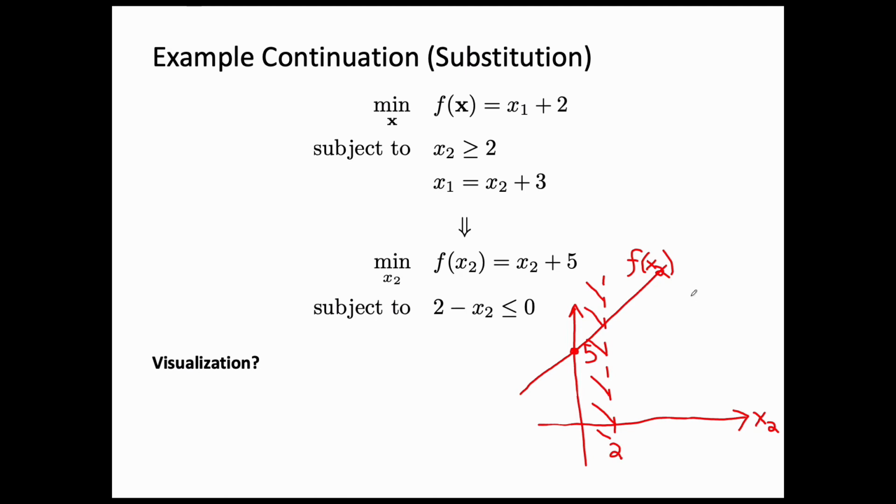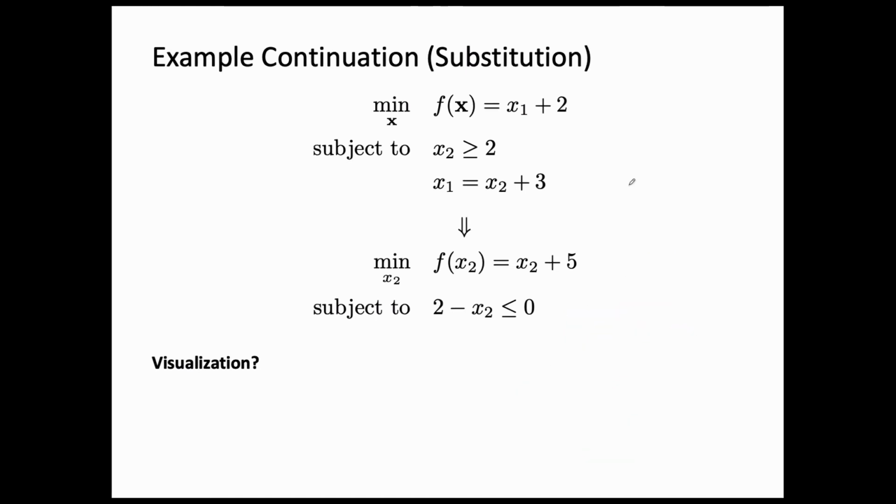The right-hand side of x2 equals 2 is feasible, and we want to go downhill, we want to reduce f of x, so we need to go this direction, then we can keep going until we hit x2 equals 2, and then there exists no more downhill feasible direction. So therefore, at x2 equals 2, that is the optimal point.